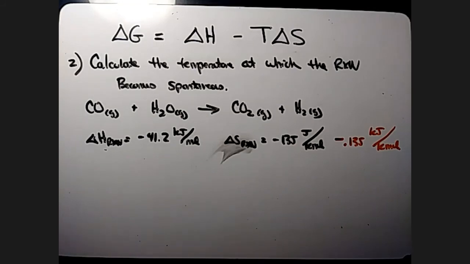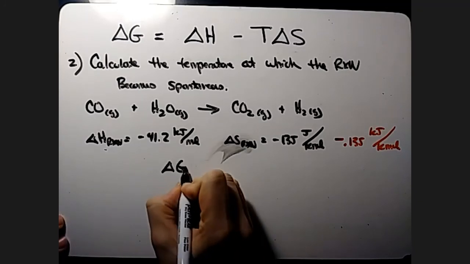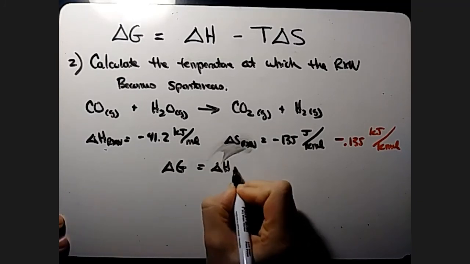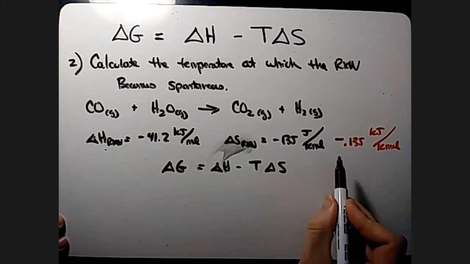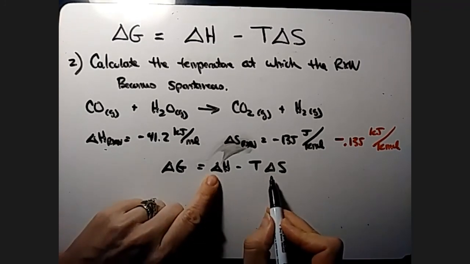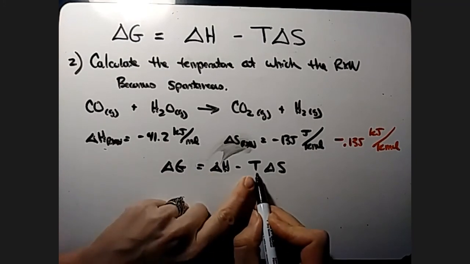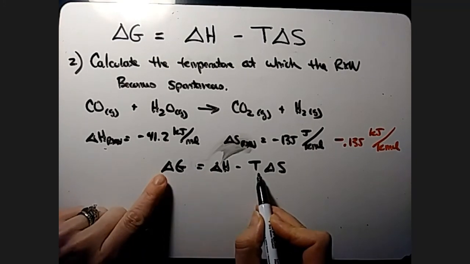Okay, so in the equation, delta G equals delta H minus T delta S. I have delta H, I have delta S. I'm trying to figure out the temperature in this reaction, so I better know a delta G value.